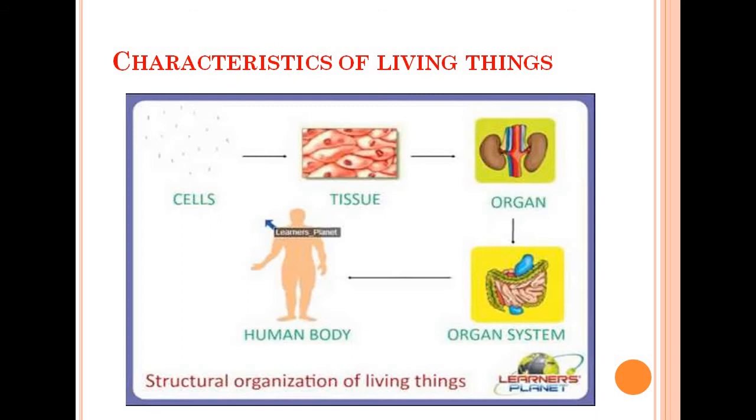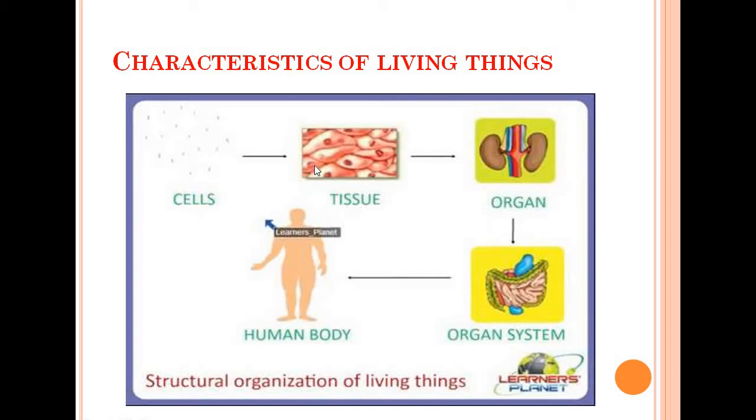Now this slide is showing the characteristics of living things. The first characteristic that we will see is the structural organization of living things. Living things have a definite structural organization. The bodies of living things are made up of cells, which are the building blocks of the body. Here in this figure you are seeing the cell.